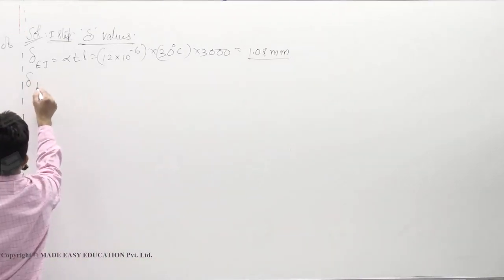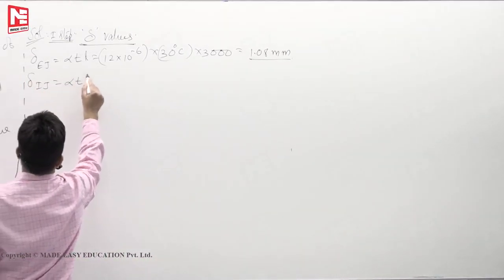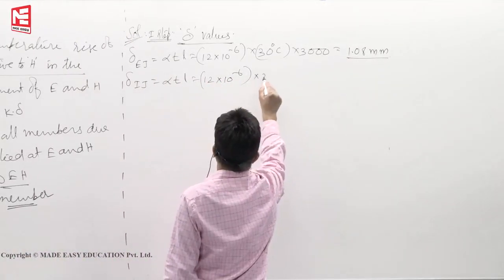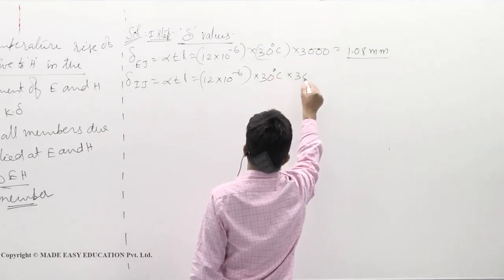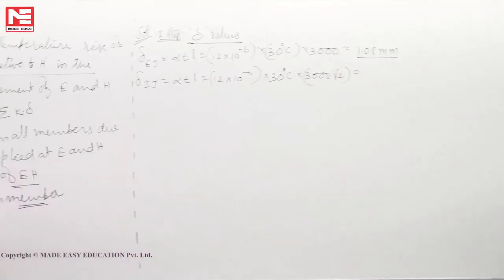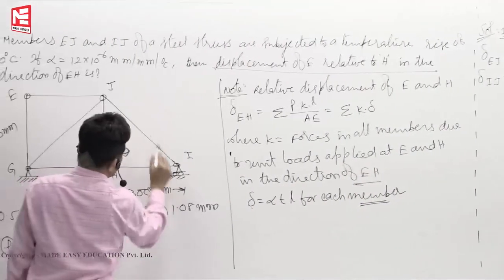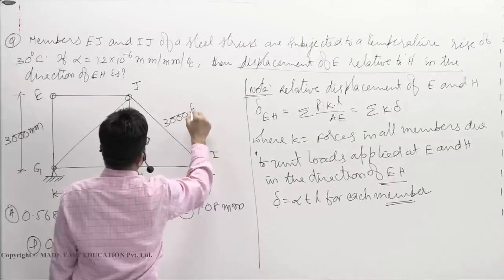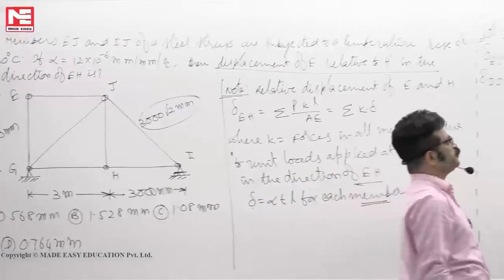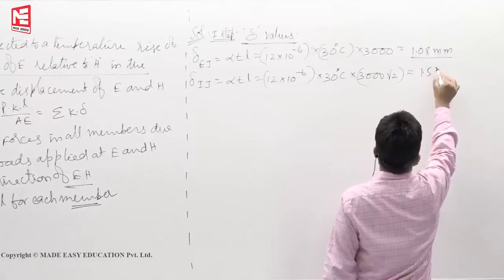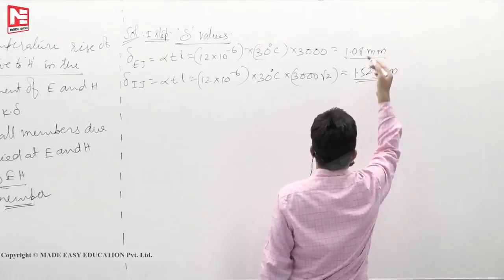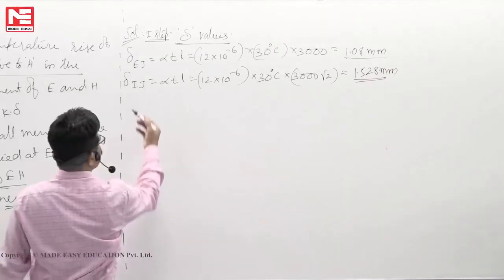So delta IJ, again alpha TL, 12 into 10 to the power of minus 6, 30 degrees centigrade. Length is 3000 root 2. Why? In this case, if this is 3000, 3000, diagonal length is 3000 root 2 mm. So you will get 1.528 mm. These are expansions, they are elongations, we can say.